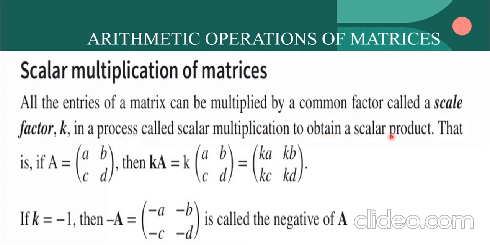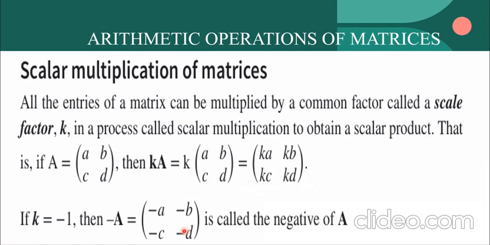To obtain a scalar product, if we have a matrix A like this and we want to multiply by K, then our result will be like this: K times matrix A. So K will multiply A, K will multiply B, K will multiply C, K will multiply D, in that order.